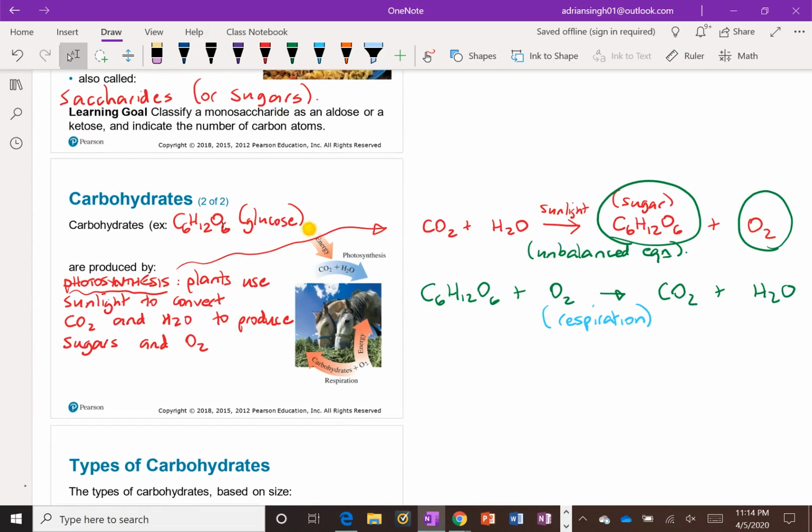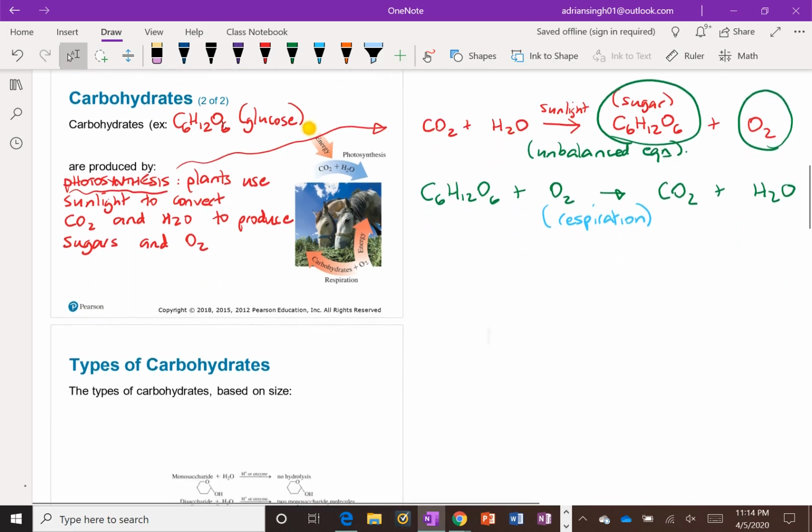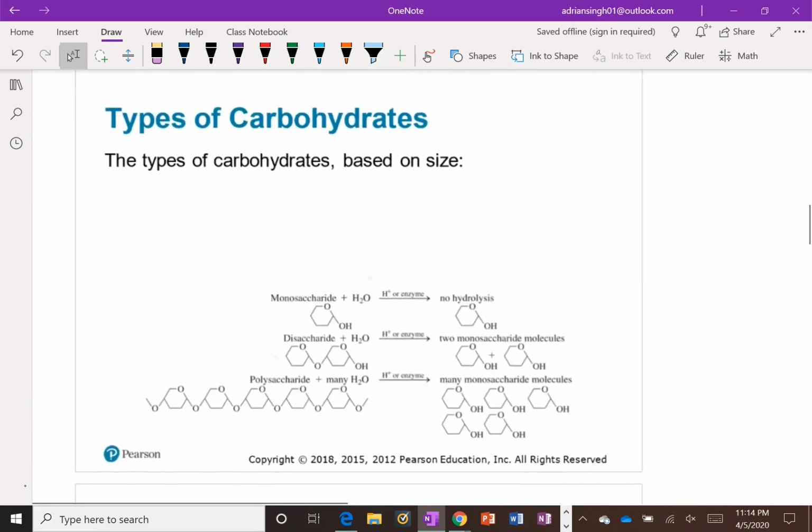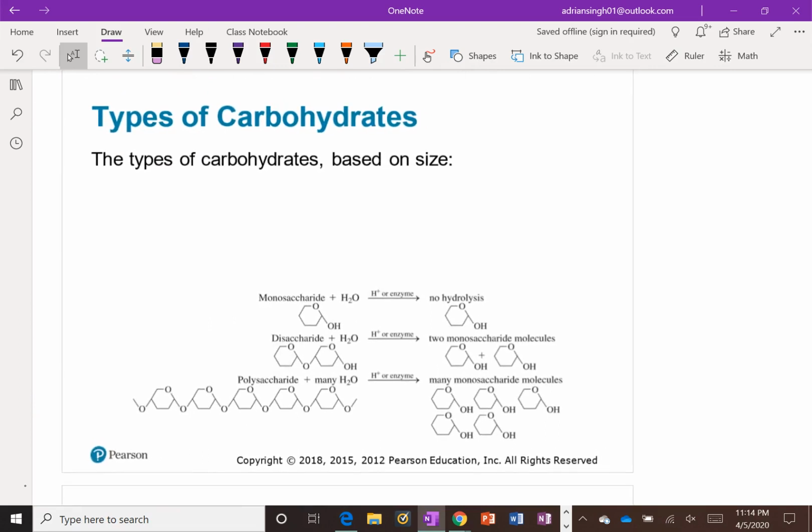So photosynthesis is the process by which carbohydrates are made, sugars are made by green plants. We're going to see several different types of sugars or carbohydrates, and there are a couple of ways that we can classify them. The first is based on their size. The first type of carbohydrate that we're going to see are the smallest, and these are known as monosaccharides.